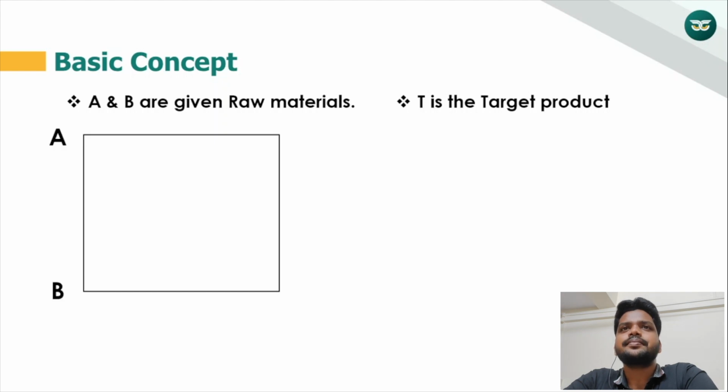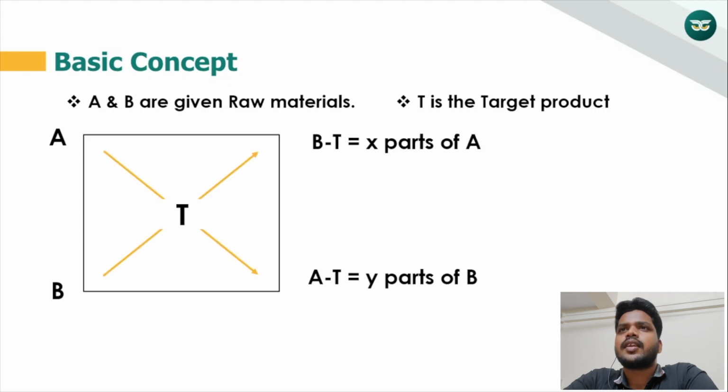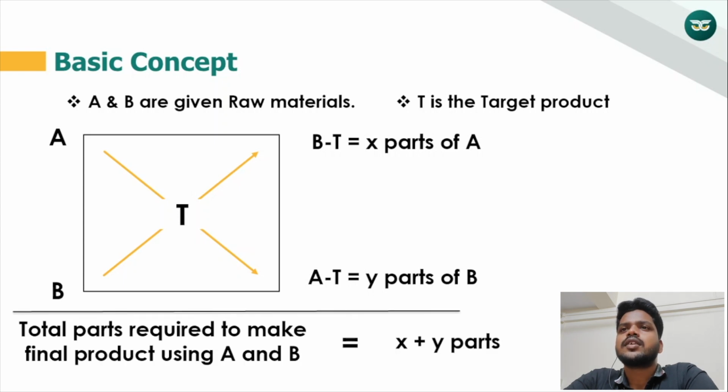After that we mention the concentration of the target in the middle of the box. Diagonally we subtract, A to T and B to T, to get these values. So in total it is X parts of A and Y parts of B, which together give the final product.